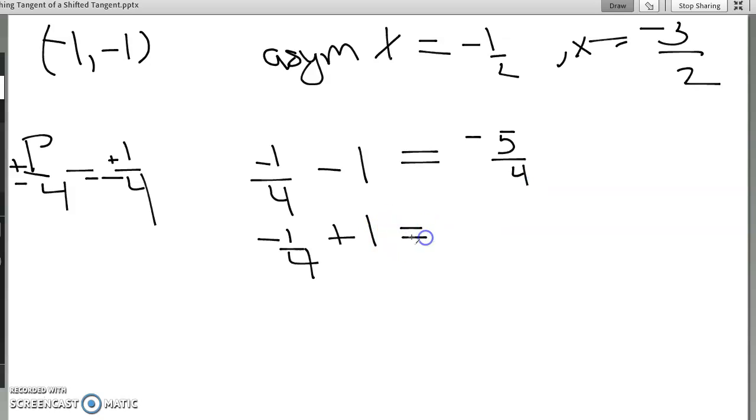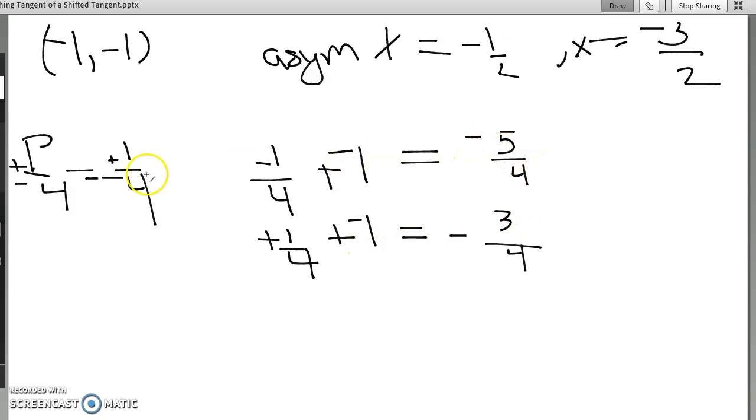And for the second one, we get 3 over 4, negative. Actually, this is positive and this is negative, so that's -3/4. So the -1/4 minus 1/2 minus or plus 1, -1, whichever way you like to look at it, and then positive 1/4 plus -1. And these are the values that we get.